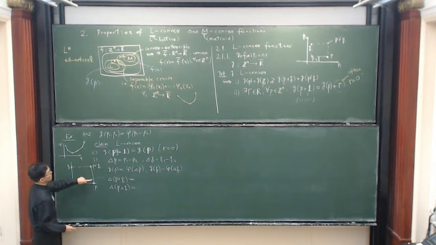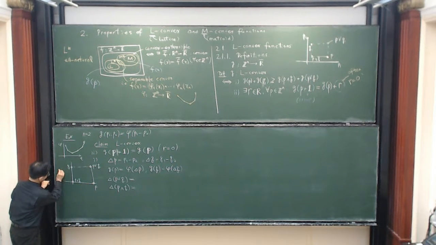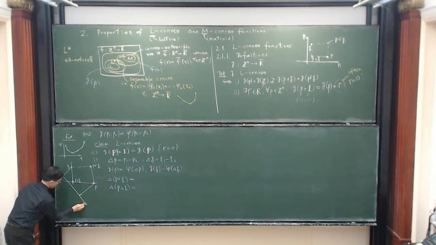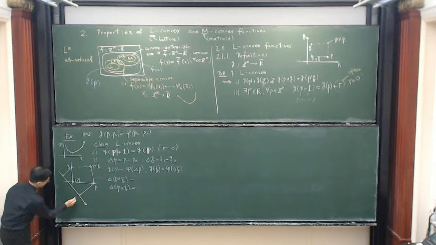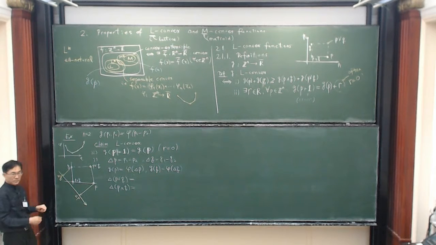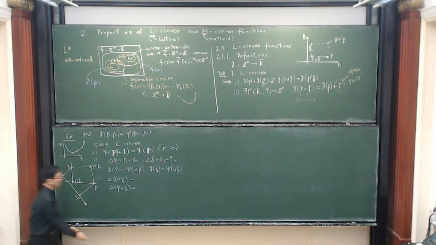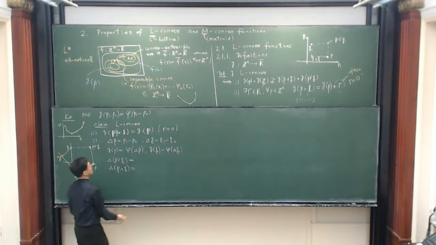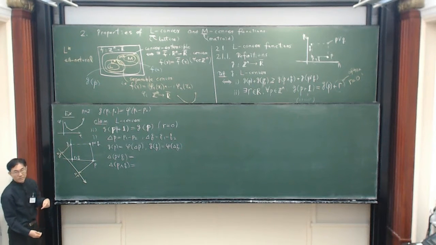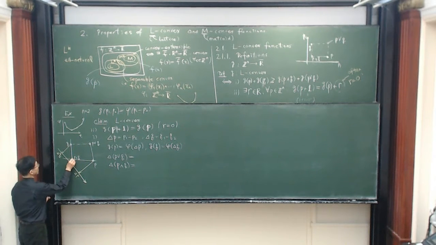Here we are concerned with the difference of coordinates, so we draw such a picture and project on it. You consider some axis here. Then this coordinate is delta P, this is coordinate delta Q, along this line.